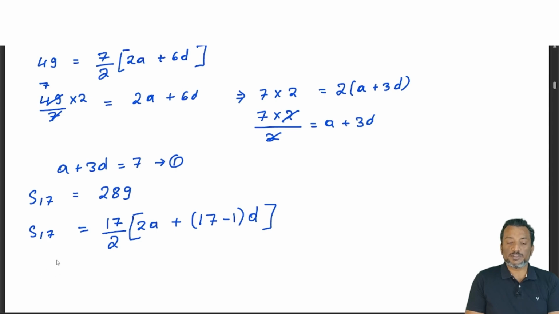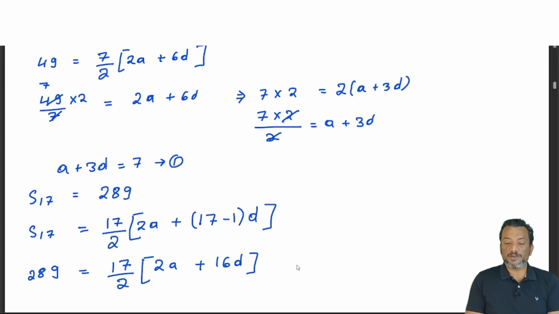Now 289 is equal to 17 over 2 times, and inside if you solve, you will get 2a plus 16d.